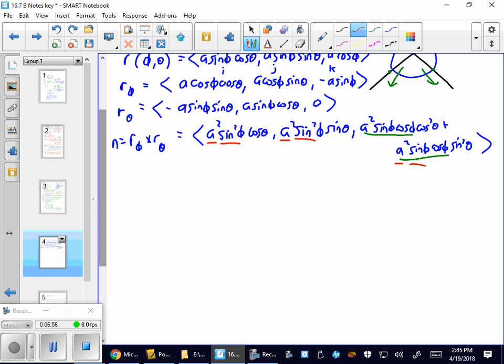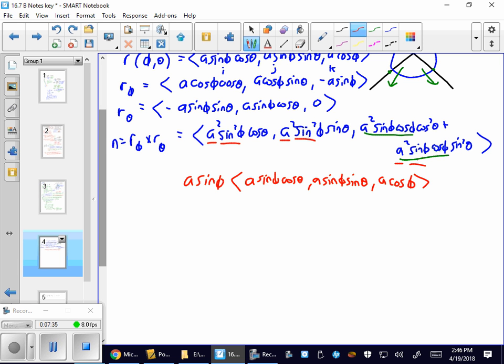So it looks like I can write this as a sine phi on the outside of the vector, and then a sine phi cosine theta, a sine phi sine theta, a cosine phi. Now, why is that important? Well, if you think about it, that's our original r of theta. This is just the parameterized version of x, y, and z.